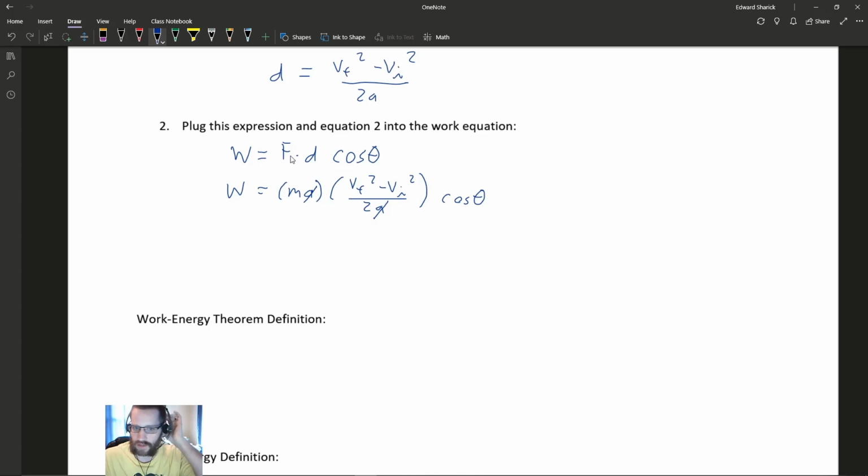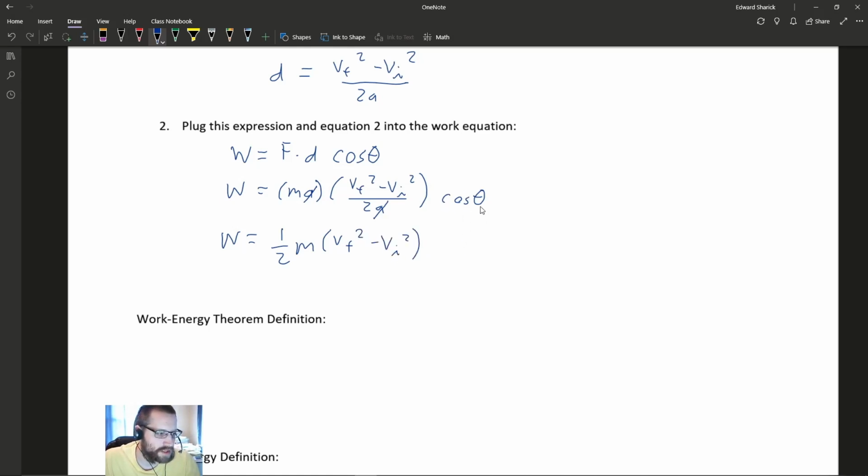The acceleration from F equals ma and the acceleration from the d cancel out, which is going to leave us with this really nice factor of 1/2 and mass, which we can factor out. 1/2 mass, and then I have a v final squared and a v initial squared.